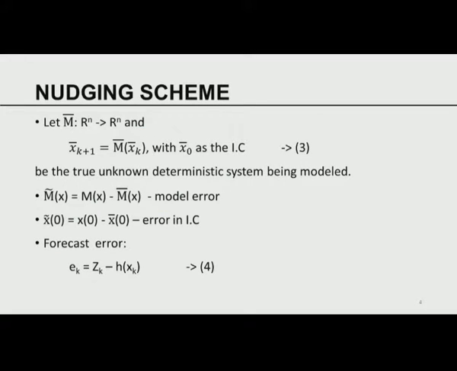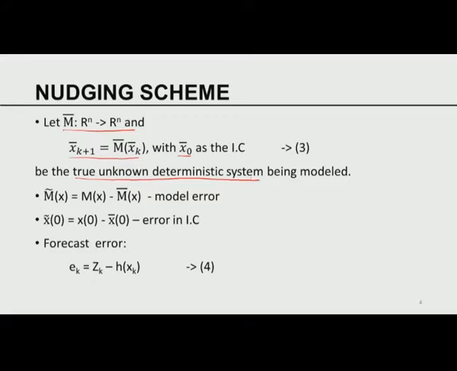So I am going to now develop a general theory. Let M bar be the true model dynamics. x_{k+1} bar is equal to M bar of x_k bar, with x_0 bar as the initial condition, be the true unknown deterministic system being modeled.